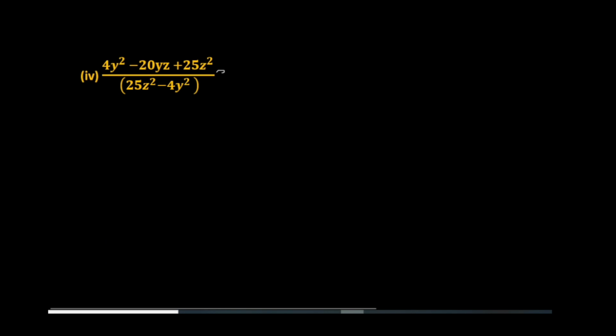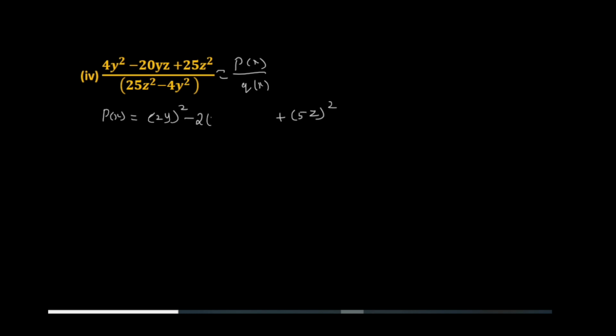Now this is p of x and q of x. Here p of x is nothing but 4y squared, which is 2y the whole squared, and then 5z the whole squared. While checking the middle term, 2 into 2y into 5z: 2 2s are 4, 4 5s are 20.